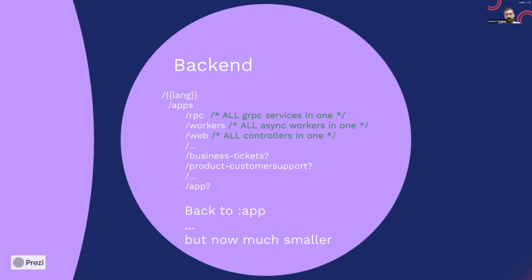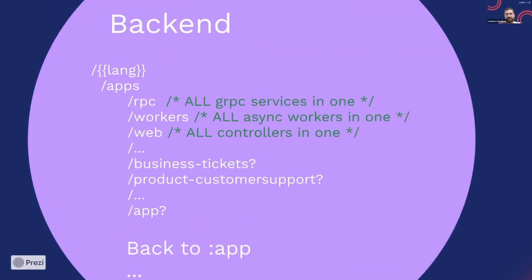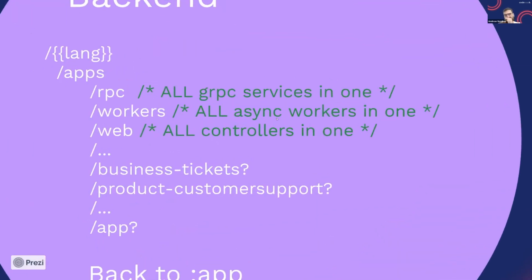So essentially, even though we have logically separated our gRPC services into multiple features, like I mentioned before, in the end, we bundle them all in a single binary. And then we also bundle all our async workers in a single binary as well. That simplifies deployment a lot for a startup, and reduces the overhead.